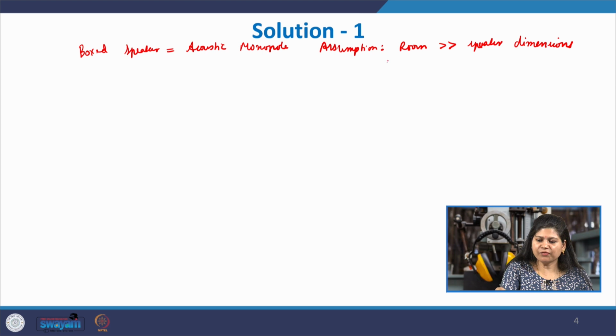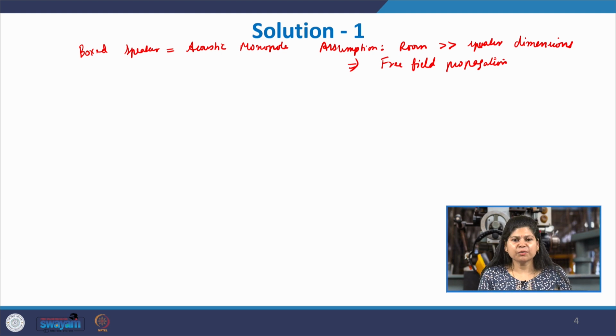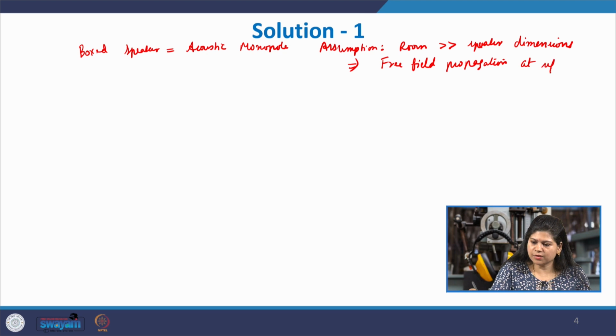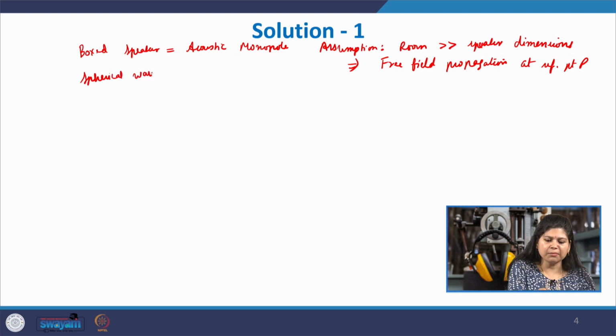So, we can say that it is free field propagation. Typically, when no other conditions are given, we assume free field propagation at the reference point P, which means that a spherical wave front is emitted, and it is behaving like an acoustic monopole.